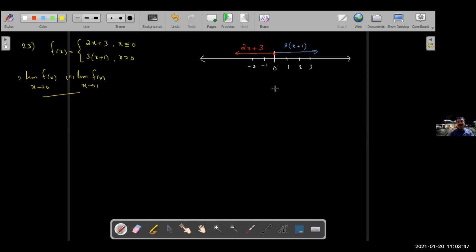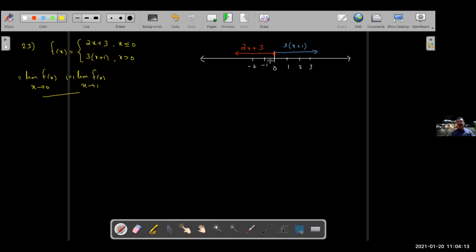In such cases, to evaluate the limit at this partition point, so to evaluate limit x tends to 0, we need to take left limit and right limit. See, the reason: x tends to 0 doesn't mean that x is equal to 0. X is nearer to 0, which means left side also it is nearer to 0, right side also it is nearer to 0.